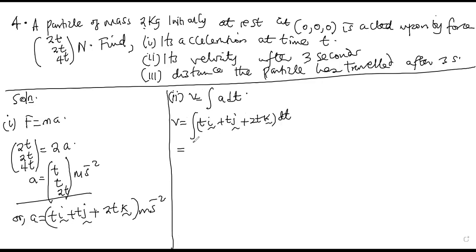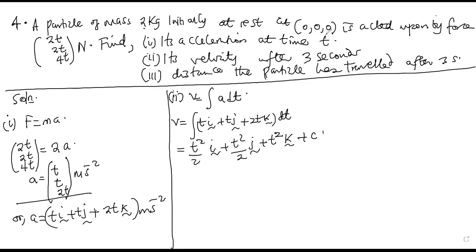So when you integrate that, you get t squared over 2 i plus t squared over 2 j plus 2t squared over 2, which is t squared, k, then plus a constant of integration.